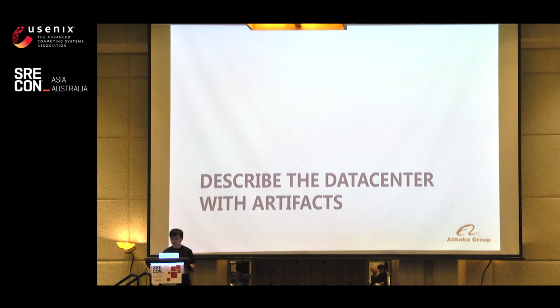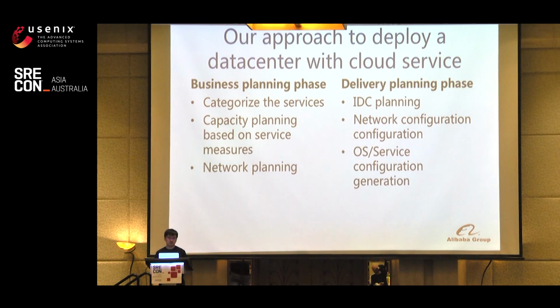So we separate the capacity planning into two phases. The first one we name the business planning phase. The second one is the delivery planning phase. In the business planning phase, the business people input all the business capacity requirements.